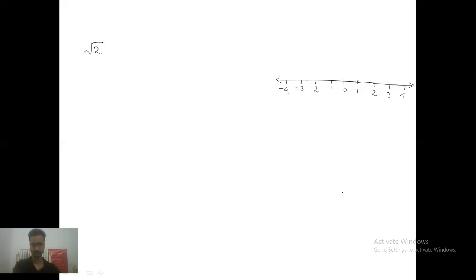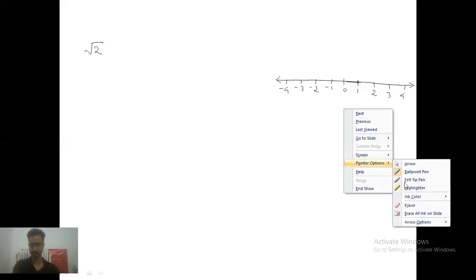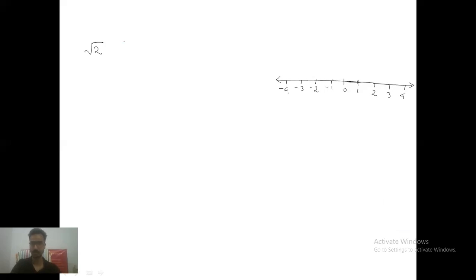Now what we'll have to do? First, you have to know root 2 you can write as root over 1 squared plus 1 squared. Yes or no? So write it down like this. Now from O, first you have to take 1 unit along the positive side.